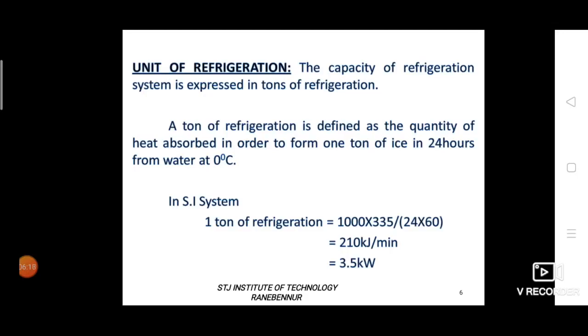In the SI system, 1 ton of refrigeration is equal to 1000 into 335 divided by 24 into 60, so that you get 210 kilojoules per minute. The unit for that is joules per minute; we can write it as watt, then 3.5 kilowatt.